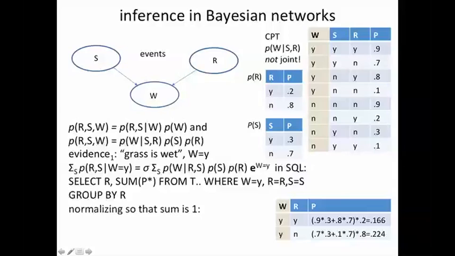Normalizing this so that the sum is 1, we get 0.166 divided by 0.166 plus 0.224 is 0.42. Or in other words, the probability that it rained last night, given that the grass is wet, is 42%.